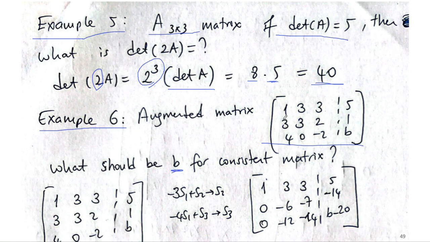For these 3 values below the diagonal, we want to get 0 by doing some row operations. That's possible if we multiply the first row by minus 3 and then add to the second one. This will become 0. This will become here minus 6, minus 7, and minus 14.